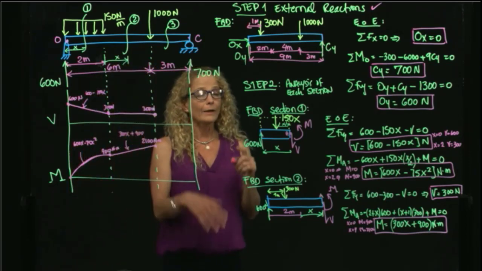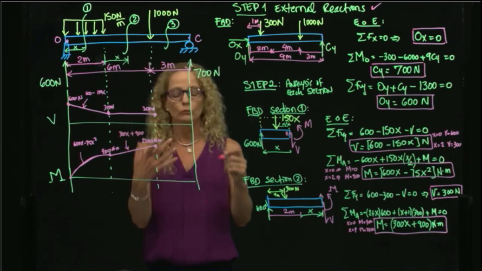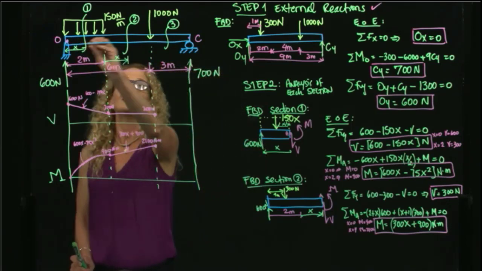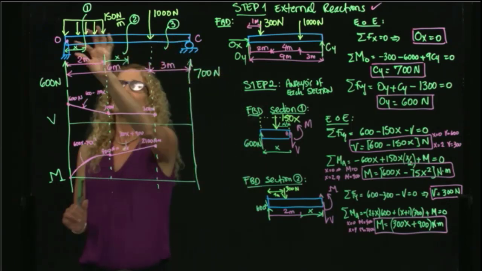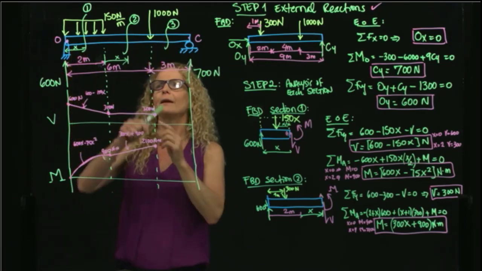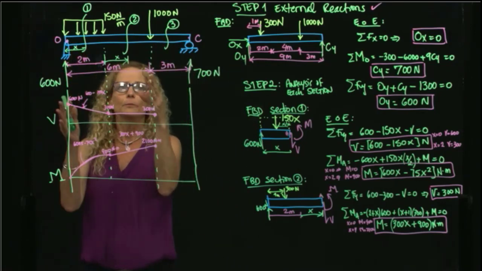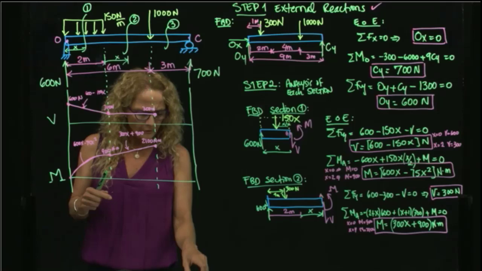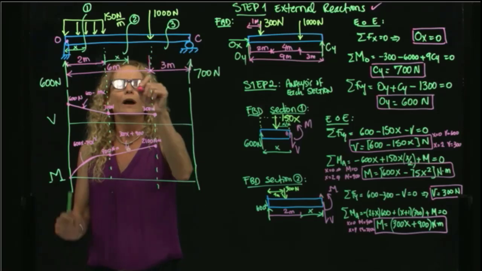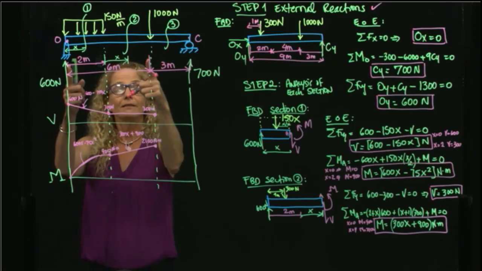Okay, and I will use this space over here to draw the free body diagram of the third section. As you see, the third section, if I draw it from here, is a little bit long, but I will do it so that it is clear that we can draw either this section or this section.